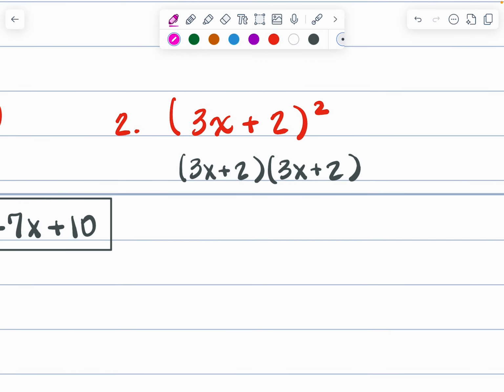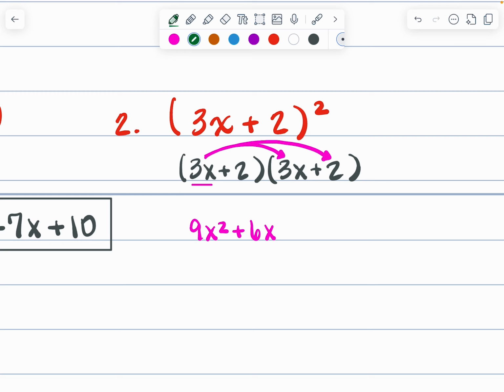So here we go. We are going to take our first term in this parenthesis, and it has to get multiplied or distributed to both terms in the other parenthesis. So 3x times 3x gives me 9x squared, and 3x times positive 2 gives me positive 6x. Make sure you put plus and minus signs to delineate whether it's a positive or negative term, okay?